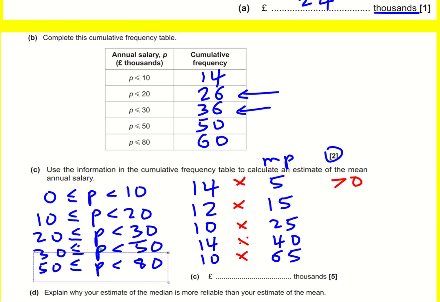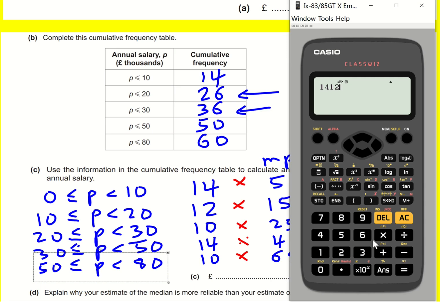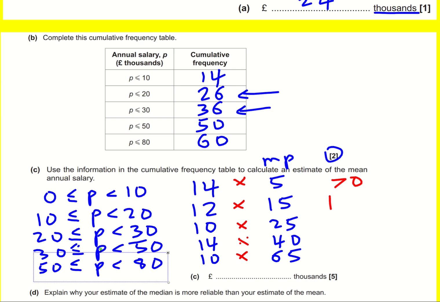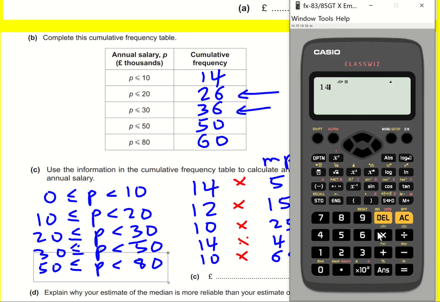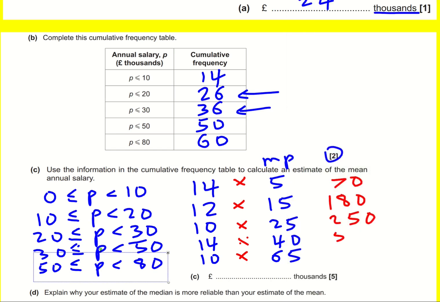Let's not rush it because it's very easy to make a mistake. 12 times 15, 180. 250. 560. 650. Add these up. That will tell me the total amount of salary for the 60 people.